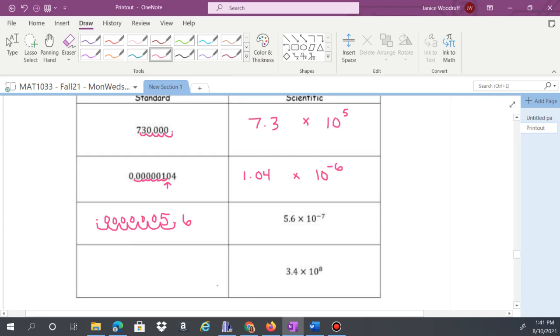Then you have 3.4 times 10 to the 8th. So 3.4. We're going to go right because it's positive. So 1, 2, 3, 4, 5, 6, 7, 8. And then we fill that in with zeros. So there should be 7 zeros there.